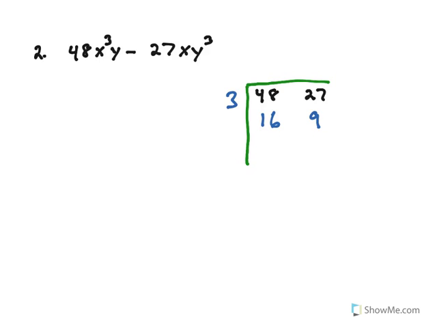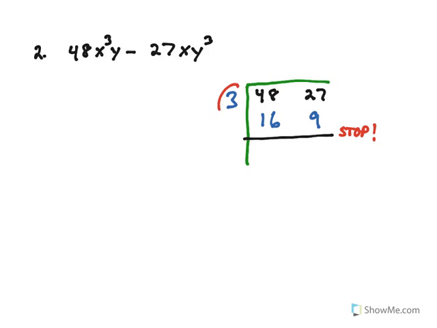Now, when you find the greatest common factor, you don't divide the columns down to 1 like you do for the common denominator. Here, we want to find a number that goes into both of them. Now, we're going to ask ourselves a question. Is there another number that goes into 16 and 9 evenly? Unfortunately not. So once you can't find another number that goes into both of these evenly, we will go ahead and stop.